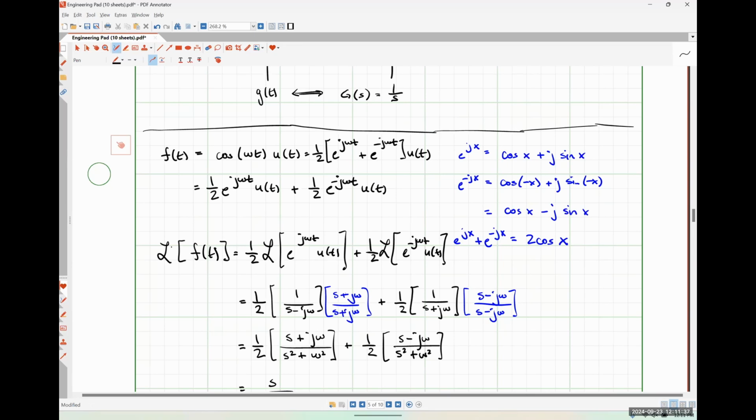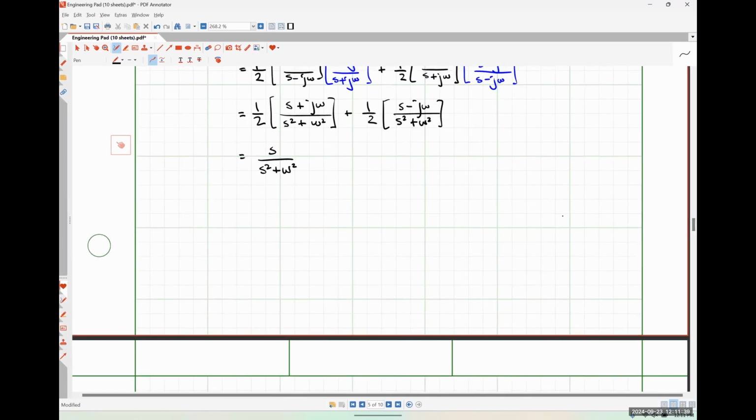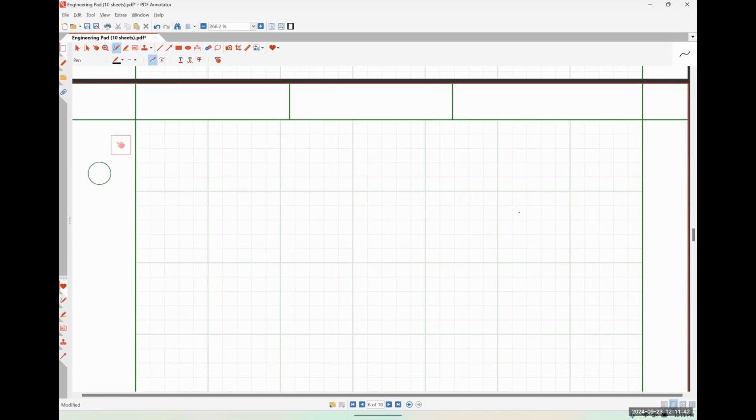All right. So f of t is equal to sine omega t u of t, which is the same thing as 1 over 2j times e to the j omega t minus e to the negative j omega t, times u of t.